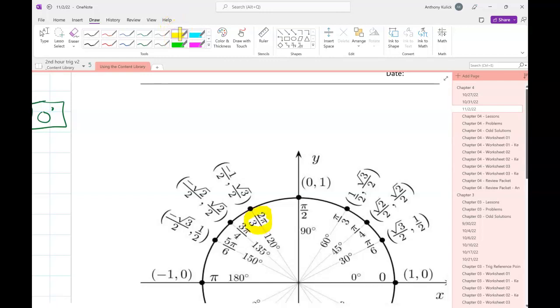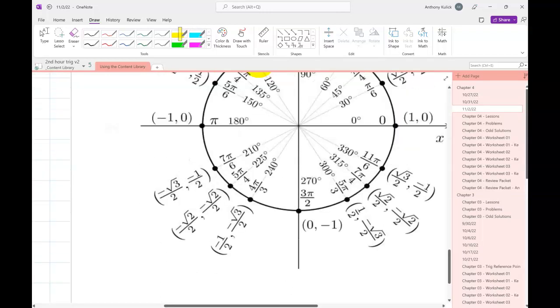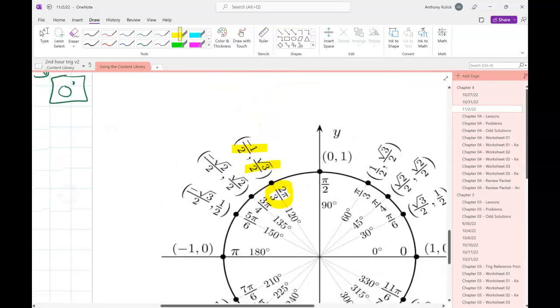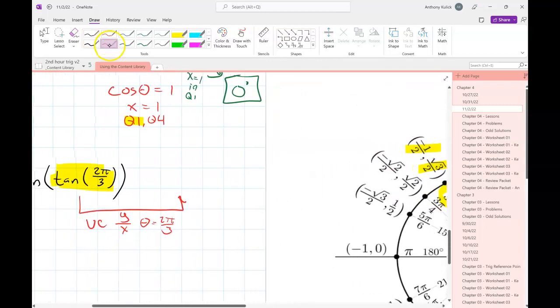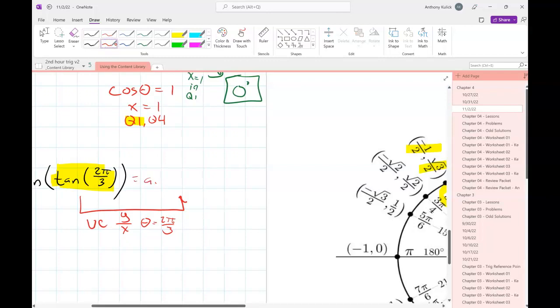I've located 2 pi over 3. So y over x is going to be root 3 over 2 divided by negative 1/2. Everybody's okay with that?